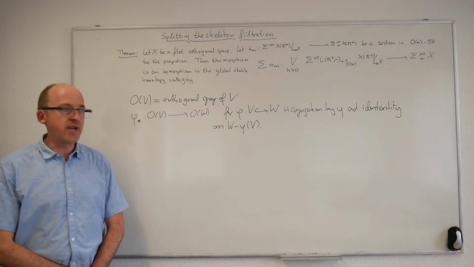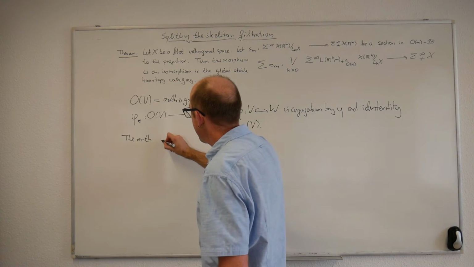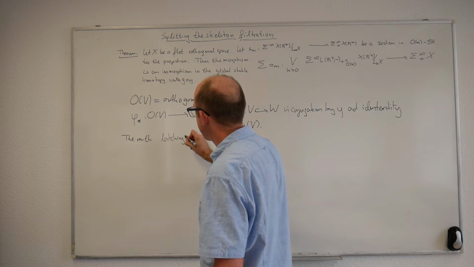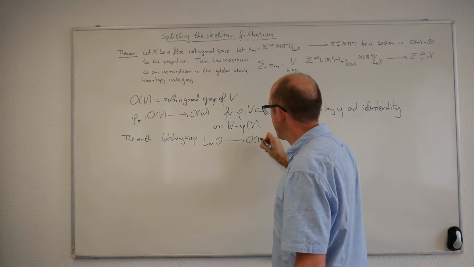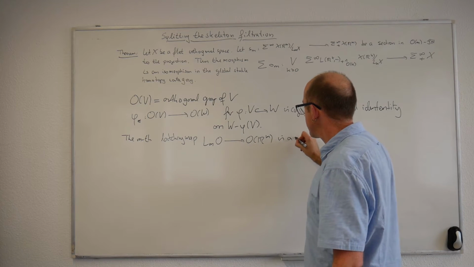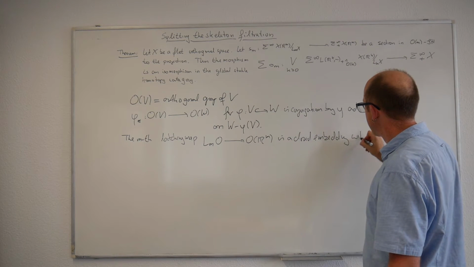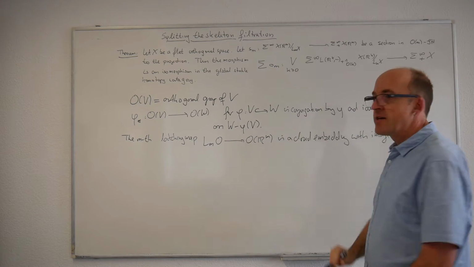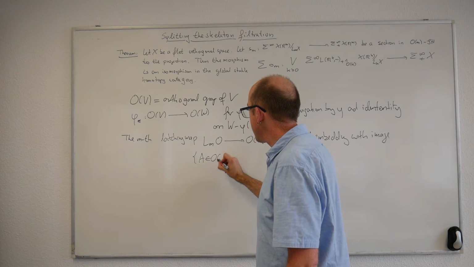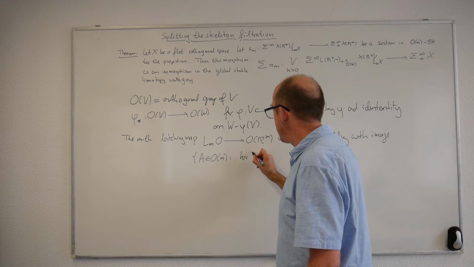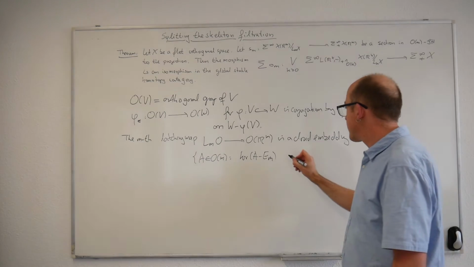We also analyzed the latching map. The mth latching map from L_m of O to the value of O at R to the m is a closed embedding, with image the following subspace of the orthogonal group O of m: those A in O of m such that the kernel of A minus e_m, so this is the m by m identity matrix, is non-zero.